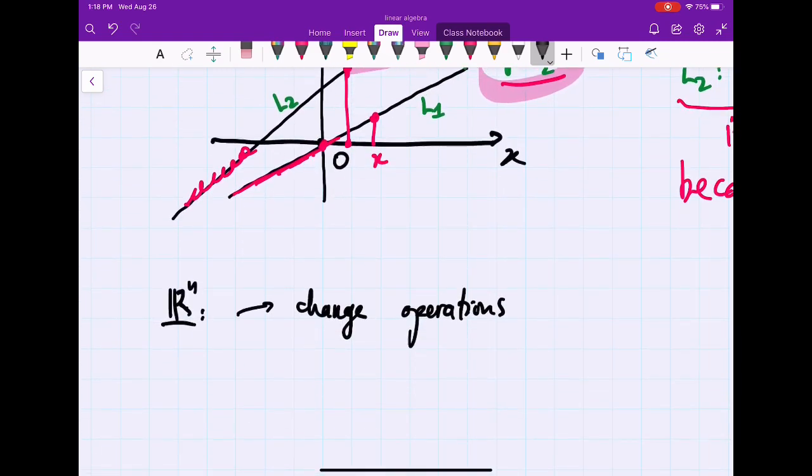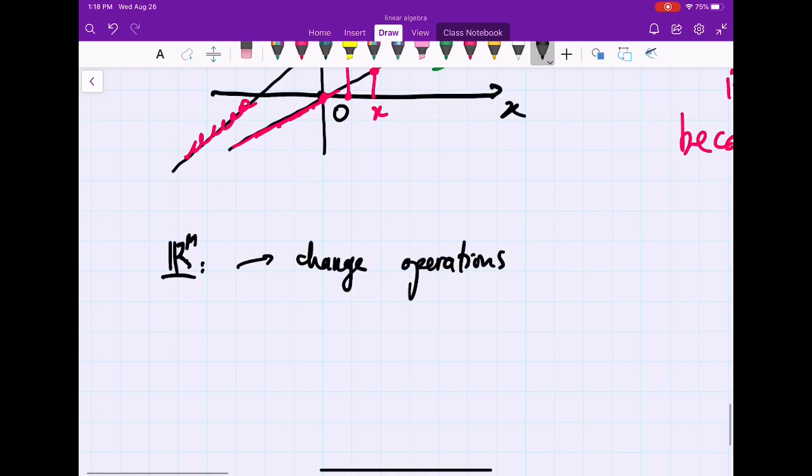Now let's change operation. You have the same set, right? With the standard operation, that is a vector space. But when you change at least 1 or 2 operations, maybe this set with new operations will not satisfy 10 axioms, or just at least 1 axiom in the set in 10 properties. Does that make sense?